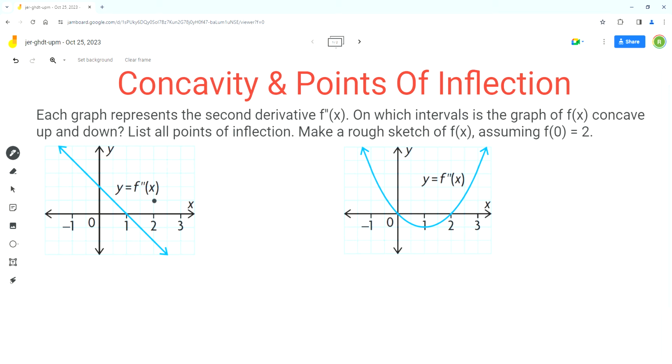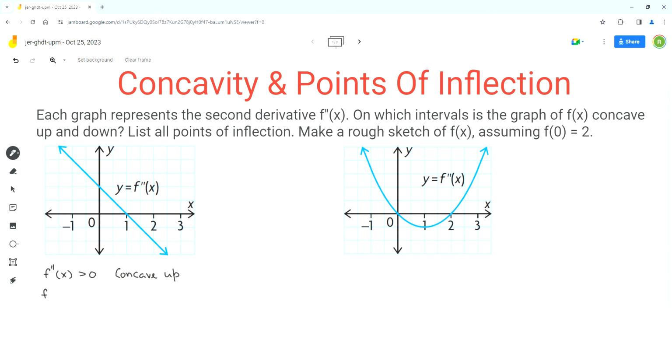Now we know that if the second derivative of a function is greater than 0 for x values, that means the graph is concave up on that interval. So I'll write it on the board. If the second derivative of f of x is greater than 0, the graph is concave up in that interval.